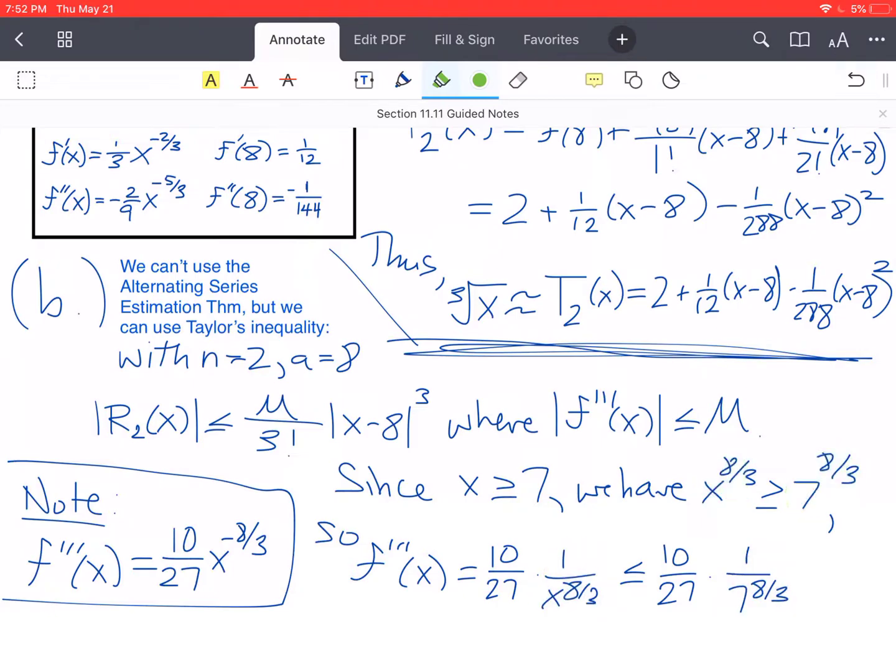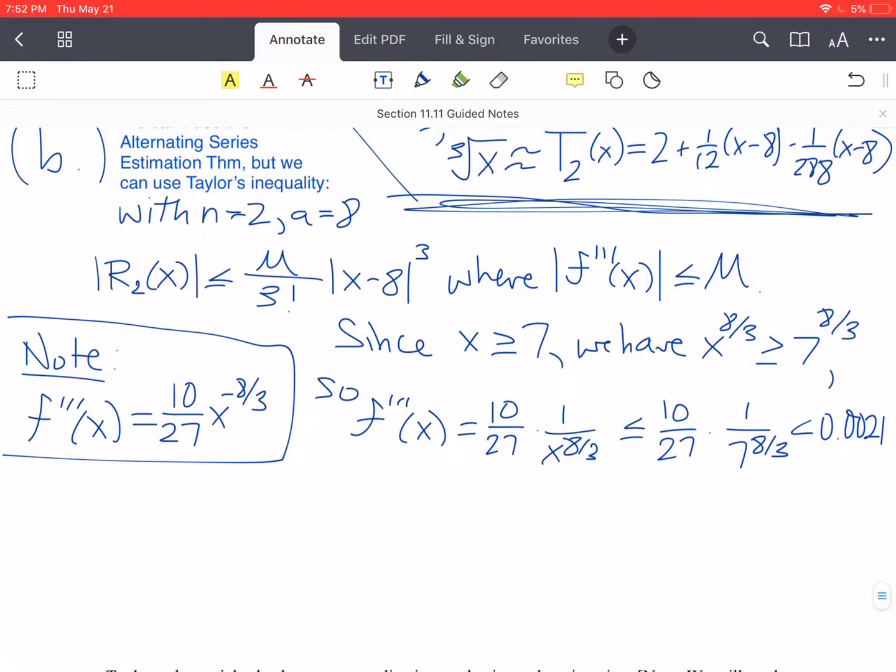Okay, and this is just a number here, we can calculate that. That's going to be under 0.0021. Okay, so since we're able to bound that derivative above by 0.0021, take that to be M, because remember, we're trying to bound it above by M in the function.